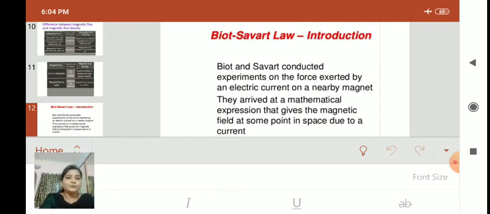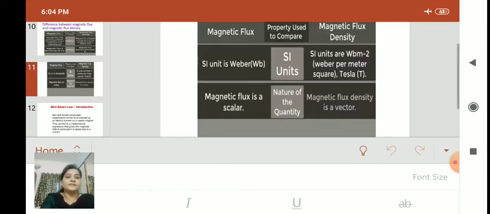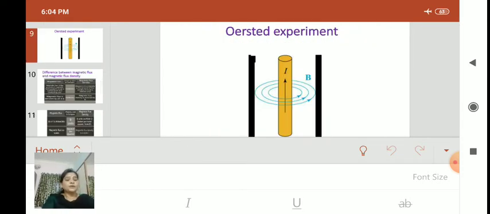Now speaking about Biot-Savart law, just now we have seen Oersted's experiment. What is Oersted's experiment? A current carrying conductor produces a magnetic field around it. See here, the conductor is carrying a steady current I. So the charge is moving, and around that conductor the magnetic field is developed.